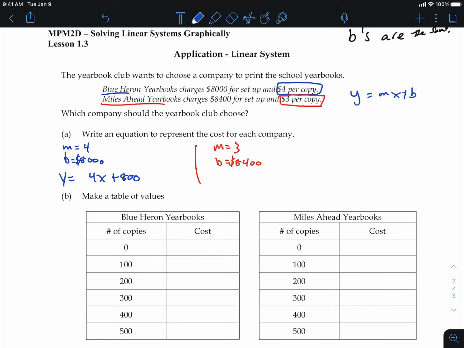You guys have to start somewhere. When you start getting into x cubed or x to the power of 4, you cannot just type things in your calculator and figure out the solutions. So we've got to start somewhere. It is possible to do it with lines because lines are the easiest of all the functions, pretty straightforward.